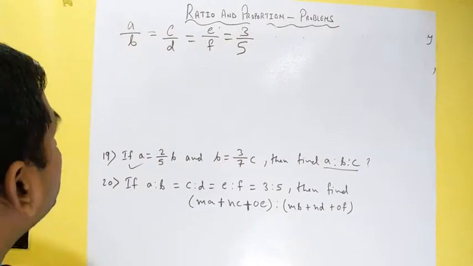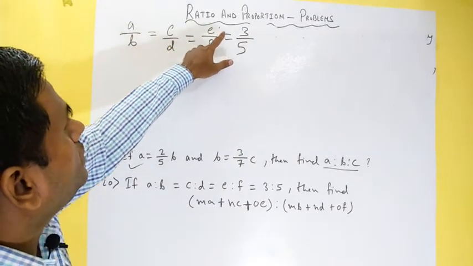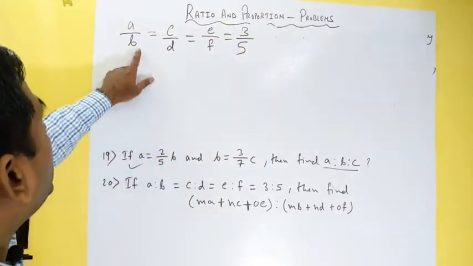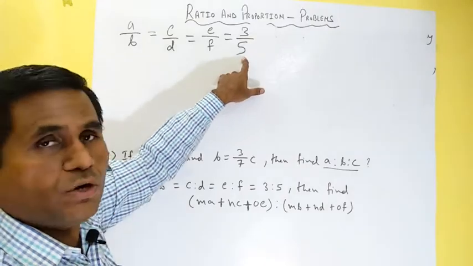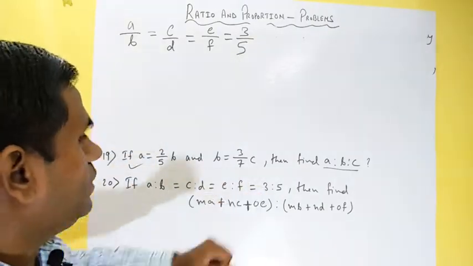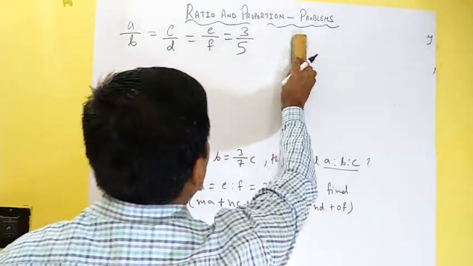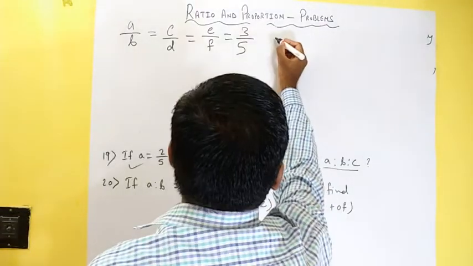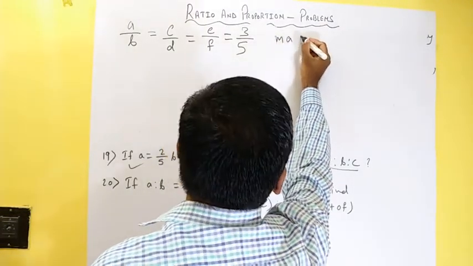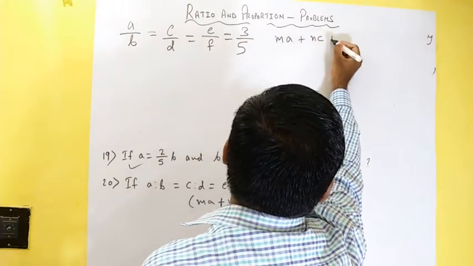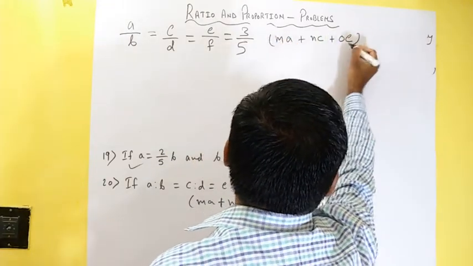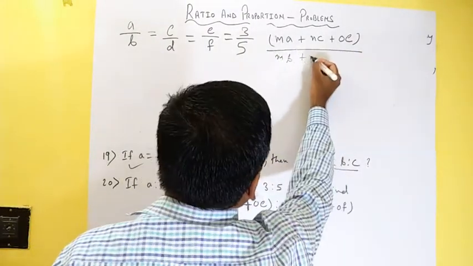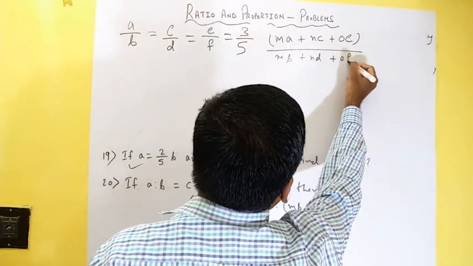Now if you notice, A is equal to C is equal to E is equal to 3, meaning all the numerators are equal to 3, and all the denominators B, D and F are equal to 5, because it is given here. Now what we have to find is the ratio of these two. So this also I will write here: MA plus NC plus OE upon MB plus ND plus OF.